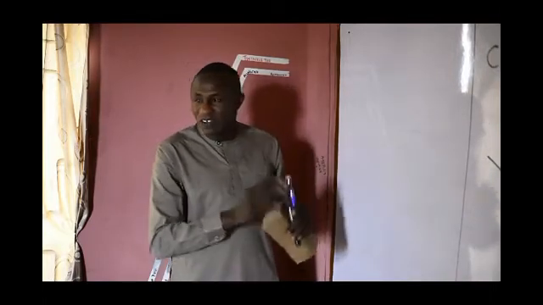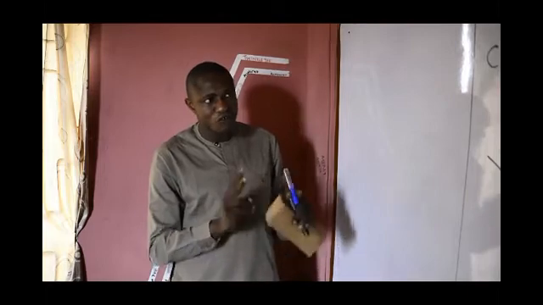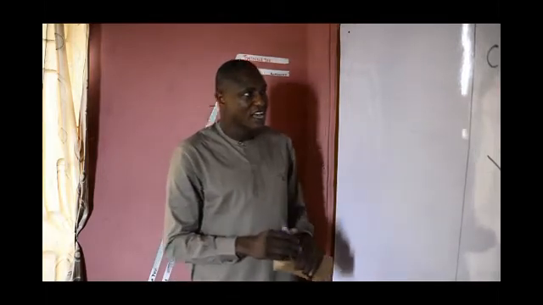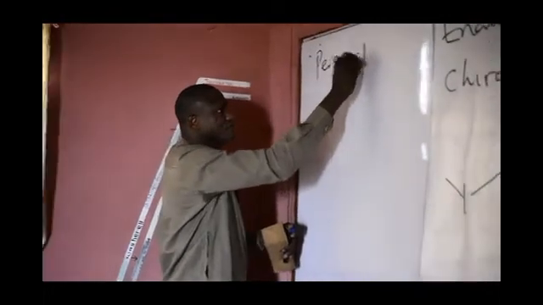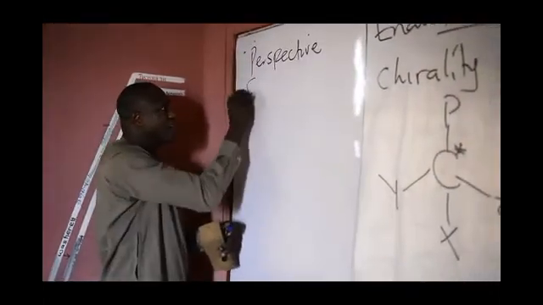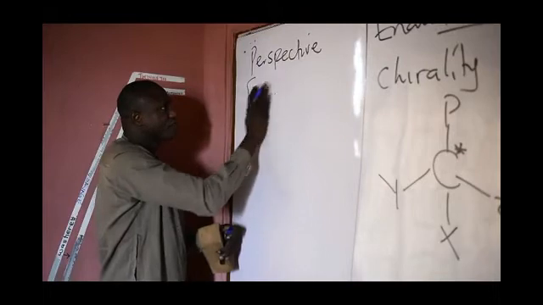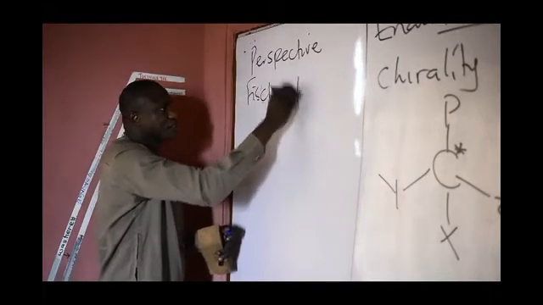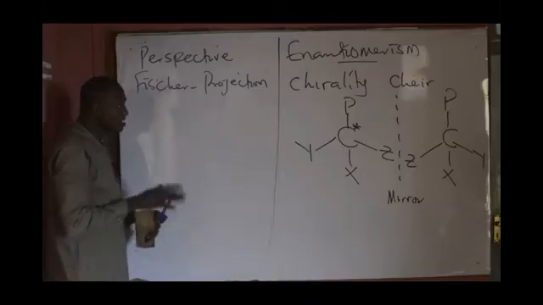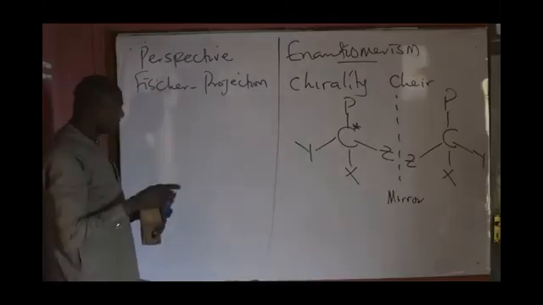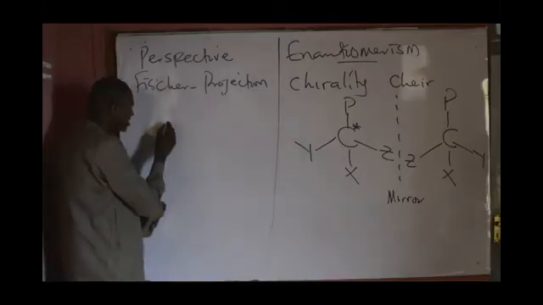Now, before we understand the chemistry of enantiomerism proper, there is a way of displaying the structure of an organic compound. And two formulae are usually used. Those are the perspective formula and the Fischer projection formula. Now, in the perspective formula, the molecule can be represented in this manner.